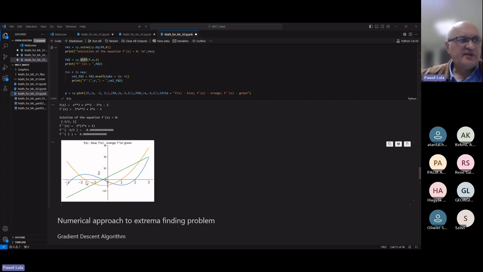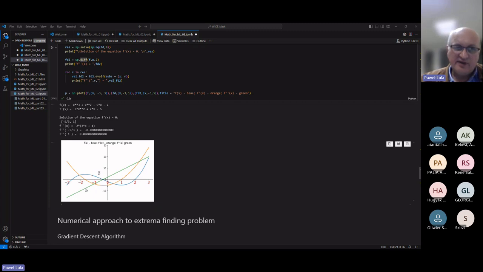First, I must find the zero points of the first derivative, so I must solve the equation that the first derivative is equal to 0. I remember the results here and here. And second, the sufficient condition: I should check the value of the second derivative at these 2 points.